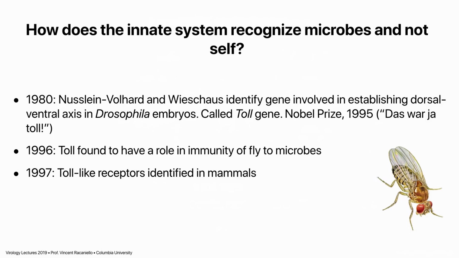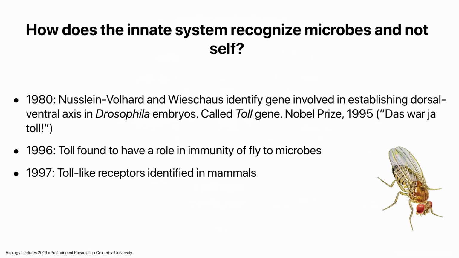Anyway, this begins back in 1980. 2 scientists in Germany are actually studying development of Drosophila, fruit flies. And they're making mutations throughout the fly genome and looking at the effect on development. First time you could do this. And they found a gene which, when mutated, altered the dorsal ventral axis in the flies.